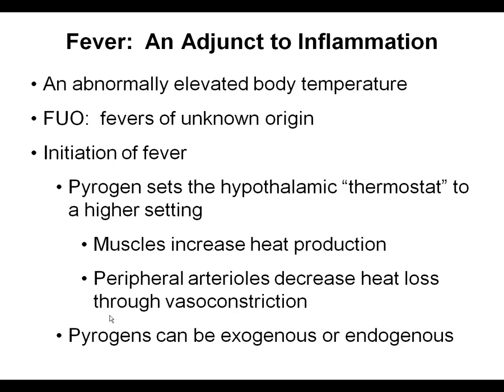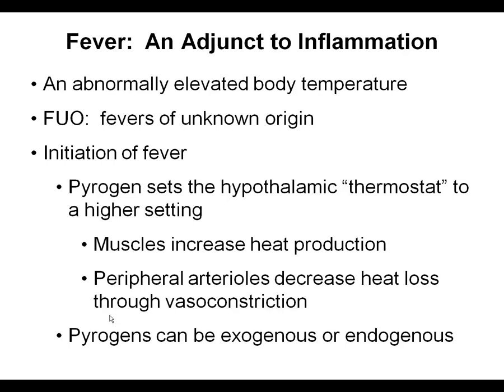Muscles are going to increase their heat production. The arterioles in the peripheral blood flow, the arms, the legs, places like that, are going to decrease, and therefore heat loss is going to be minimized because of vasoconstriction, and then all of that heat is going to go towards the core body temperature, and the core body temperature then is going to increase.